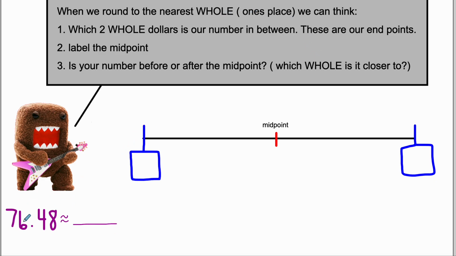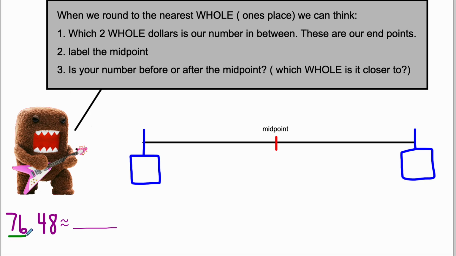I'm going to stop in the ones place. This is my first endpoint. So I know $76.48 is in between $76, to which I'll add one more dollar, and $77. It's somewhere on this number line.